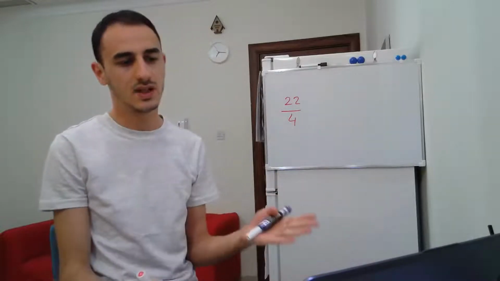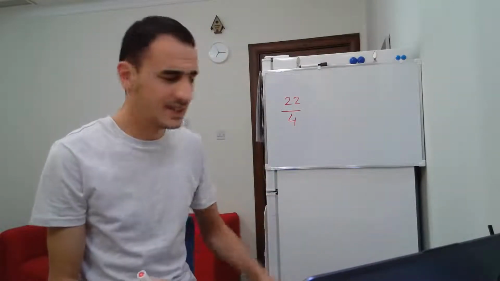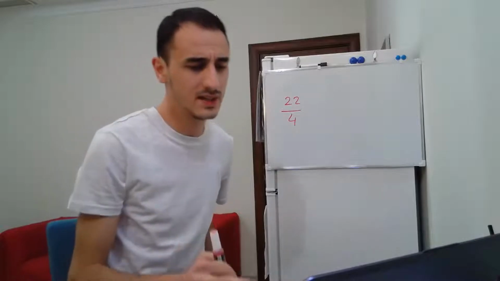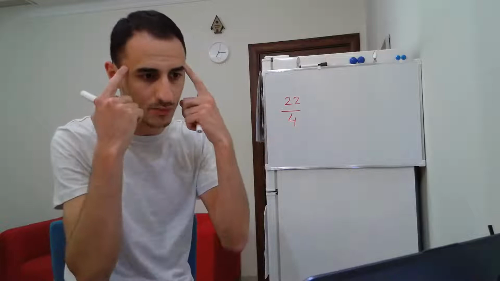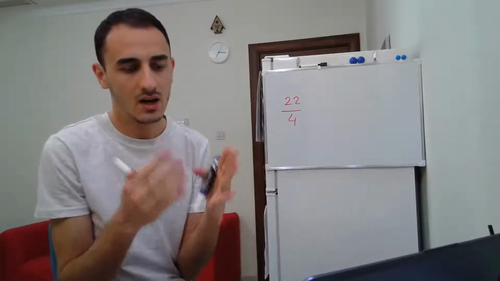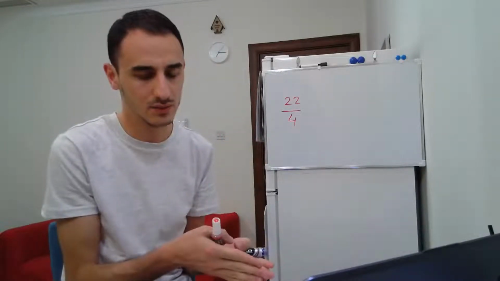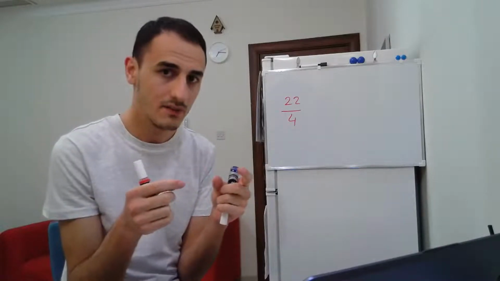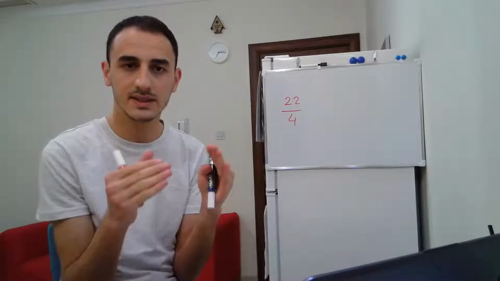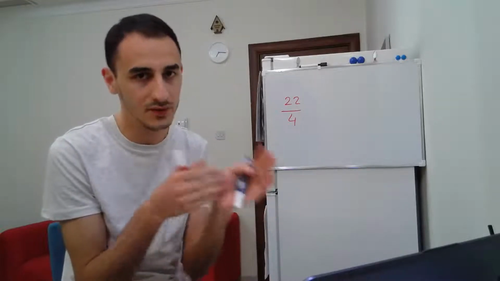They divide 22 by 4, but I think we are old enough to follow that step. We can calculate this mentally, and you basically ask how many 4s you can fit into 22. It is exactly the same question when we divide: how many 4s can you fit into 22?